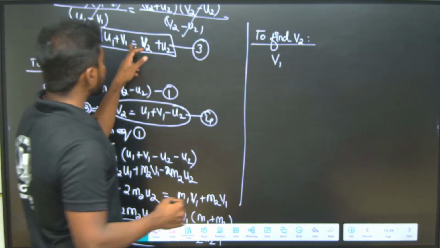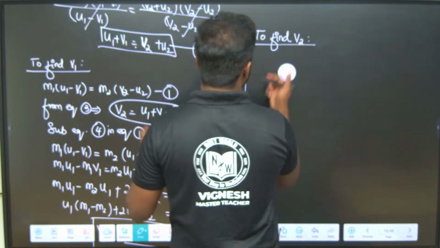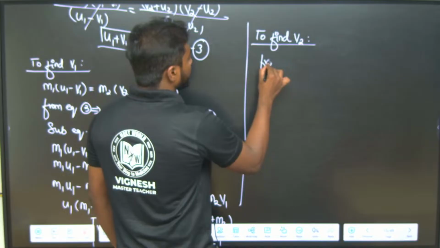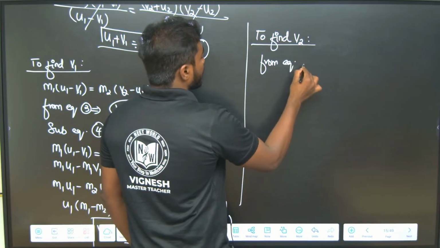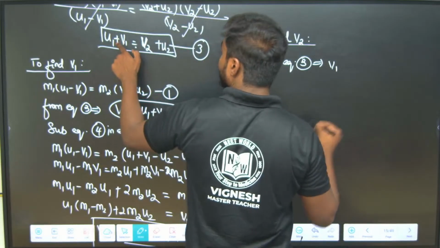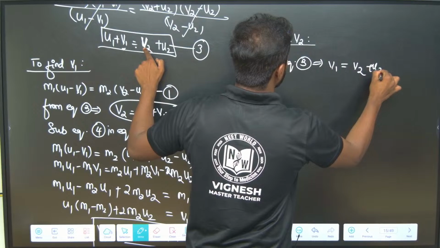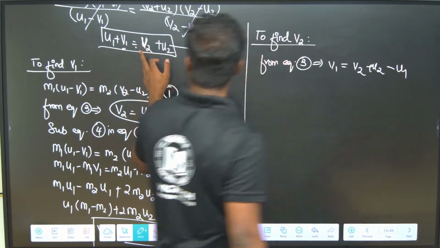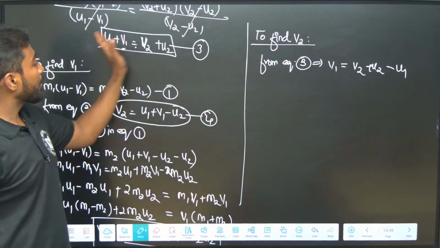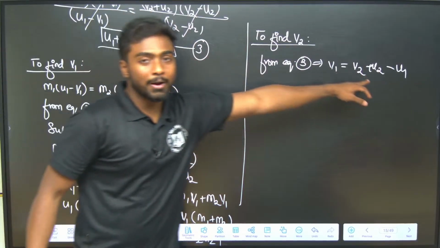So from equation 3, v1 should be equal to v2 plus u2 minus u1, right? v1 on one side, remaining terms on the other side: v2 plus u2 minus u1.